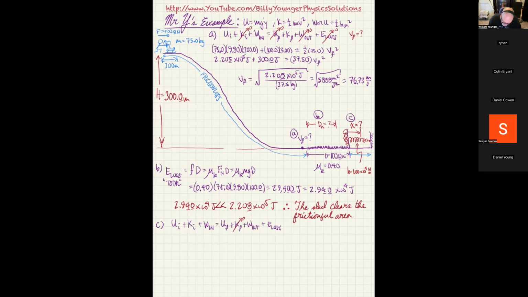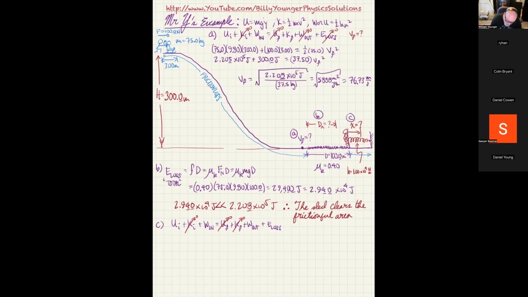We already talked about how the height at the bottom would be y equals zero, so the U final is zero. The kinetic energy initial, since we started it at zero and then the father pushed it, is going to be zero. So now all we can do is fill in the rest of the stuff. We know what the left hand side is.